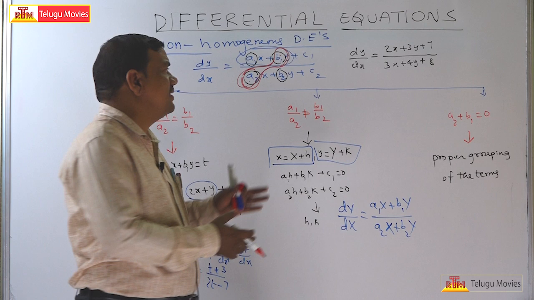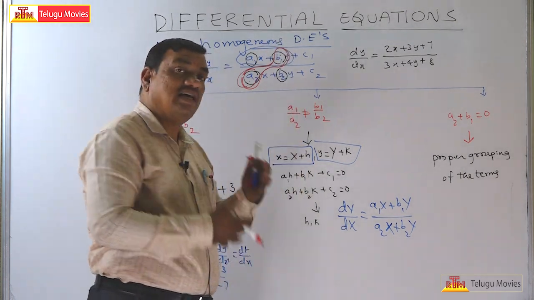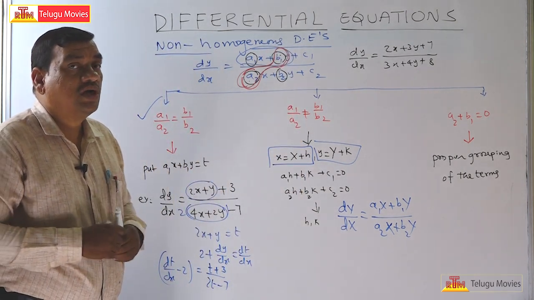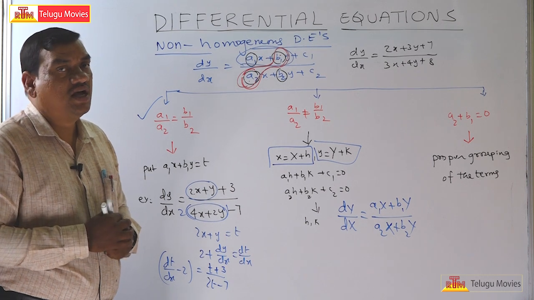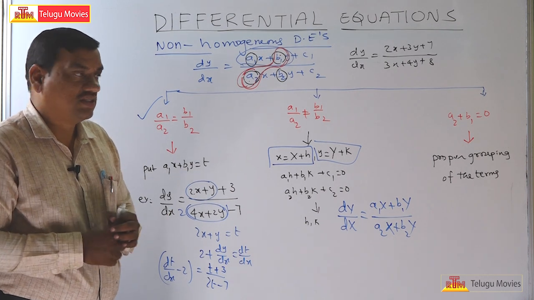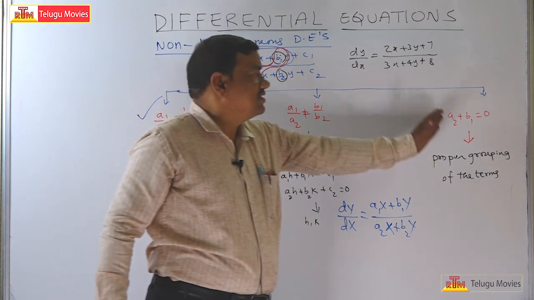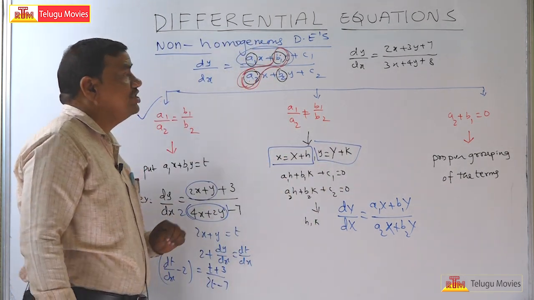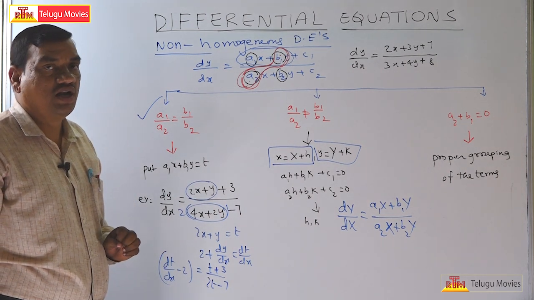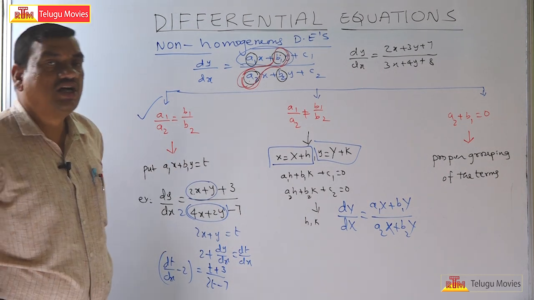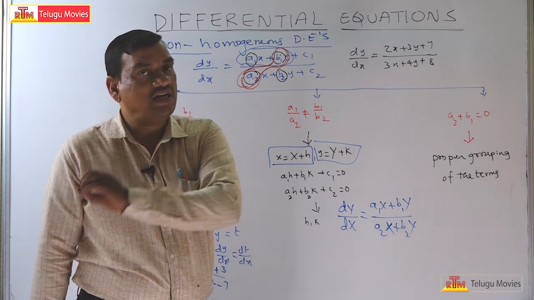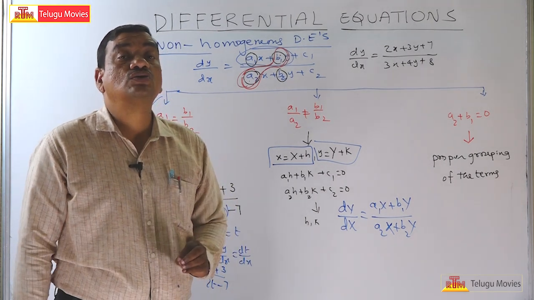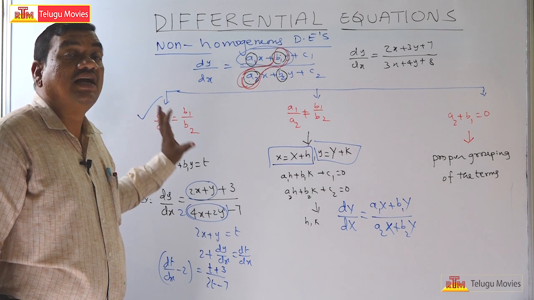If you group the terms, then you will get a substitution, and after substitution we will get the answer. So basically these are the three models of non-homogeneous differential equations. I hope that you understand this concept. So let us take some problems so that you can completely understand this concept.